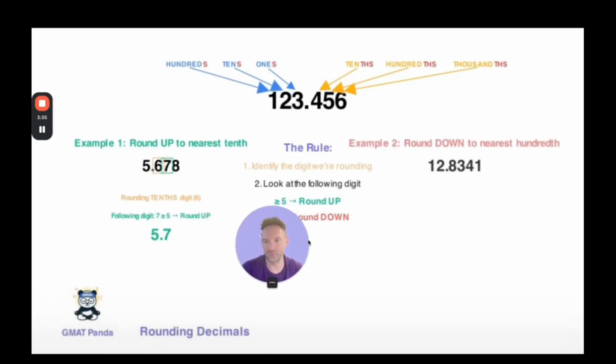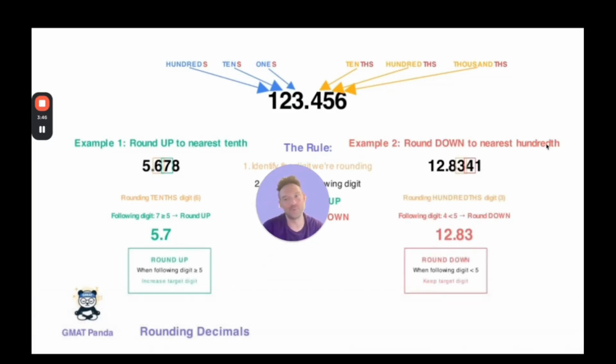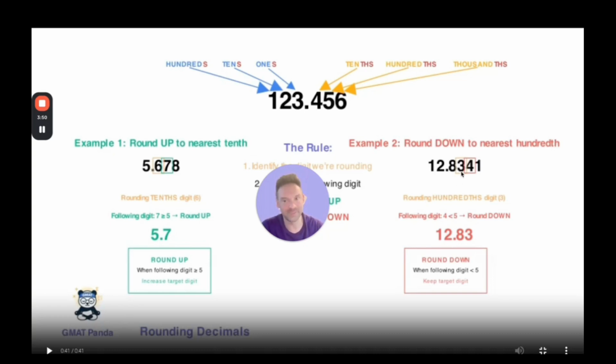Let's see another example. Let's say that we have 12.8341, right? It's getting a bit complicated. In this case, we want to round to the nearest hundredth, right? So that's going to be the second one to the right, which is this 3.